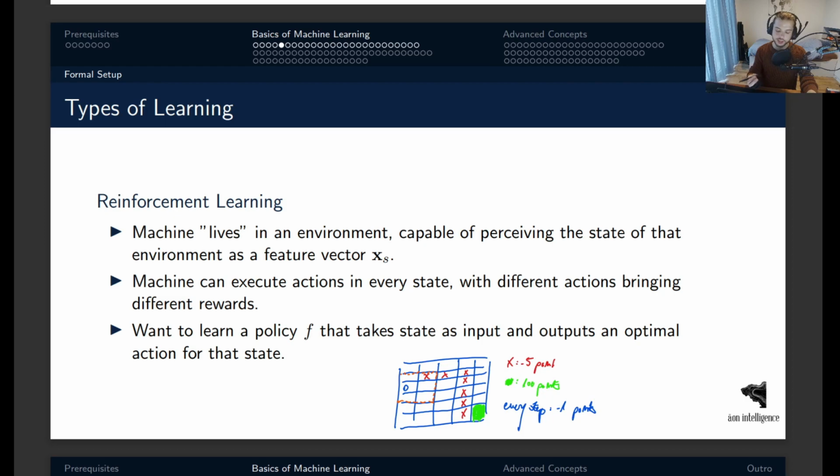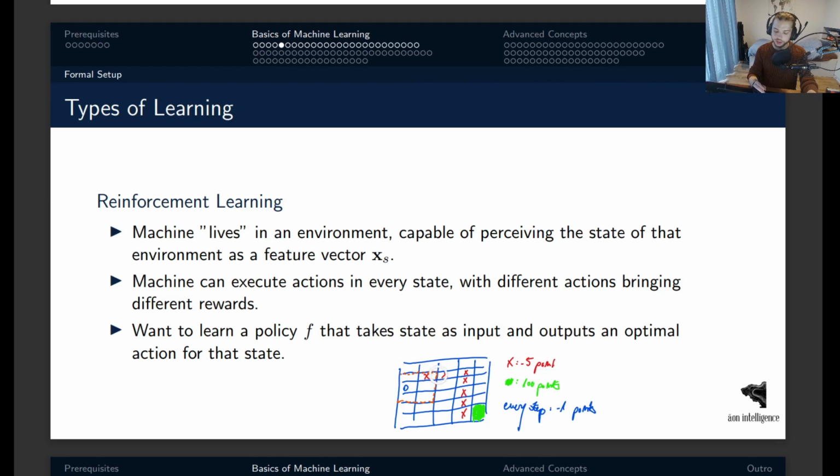So if the machine had access to the entire board, as well as the positions of the reward and the penalties, then it could find the optimal route. And I assume the optimal route is that way, because going that way might be a little shorter in amount of steps, but you have to pay these additional minus 5 points to enter this field.